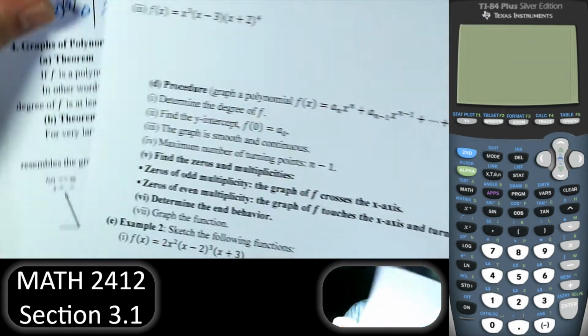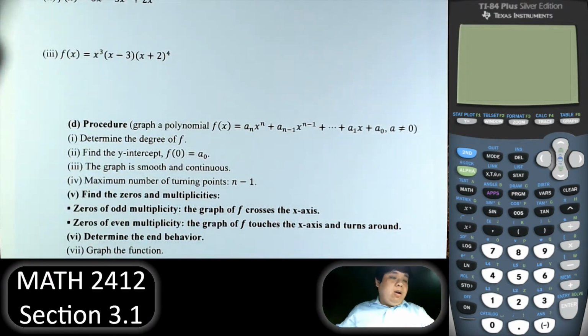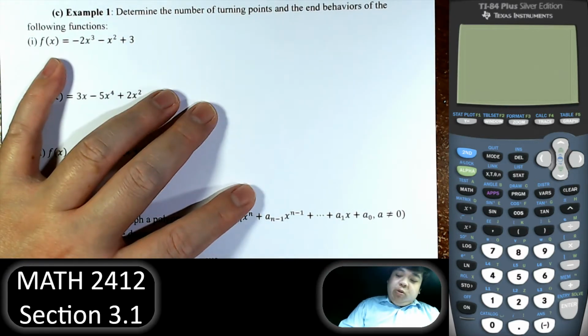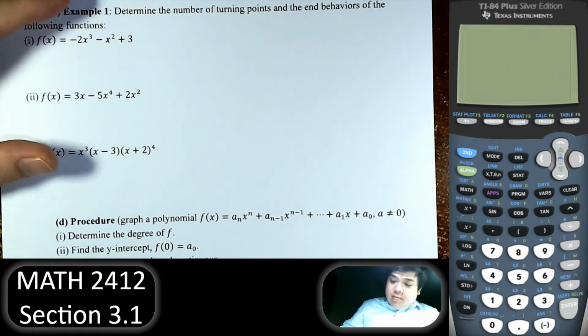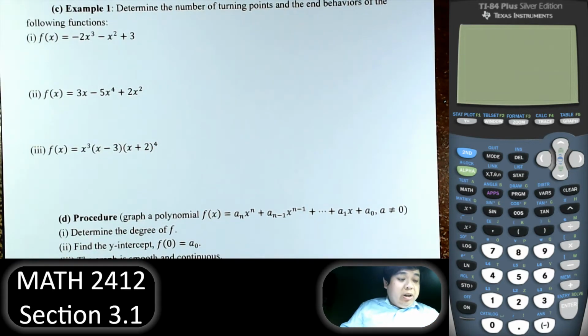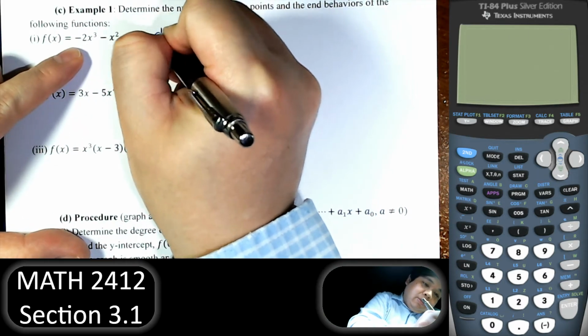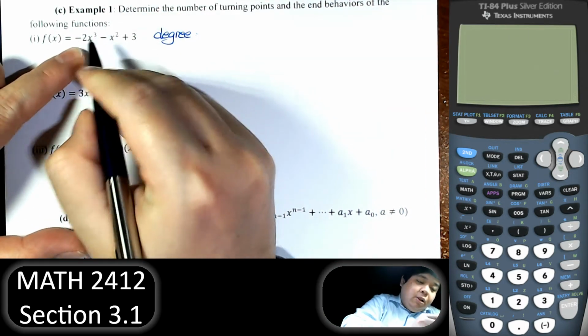Let's just look at an example here. Determine the number of turning points and the end behaviors of the following function. All right, first we look at the degree. The degree of this is 3.